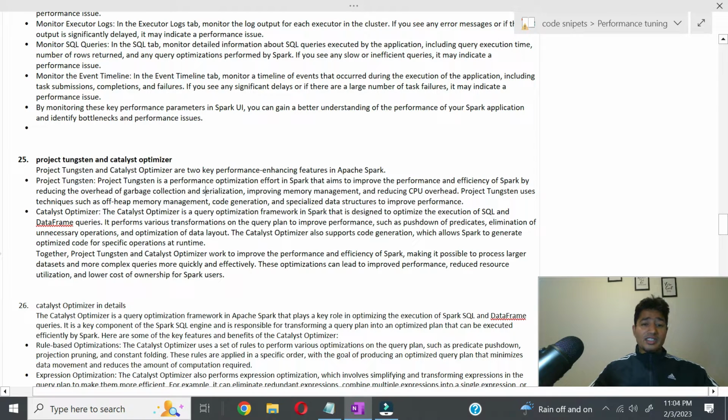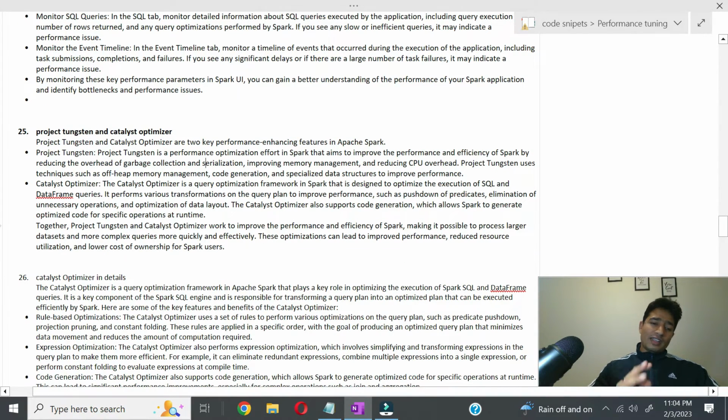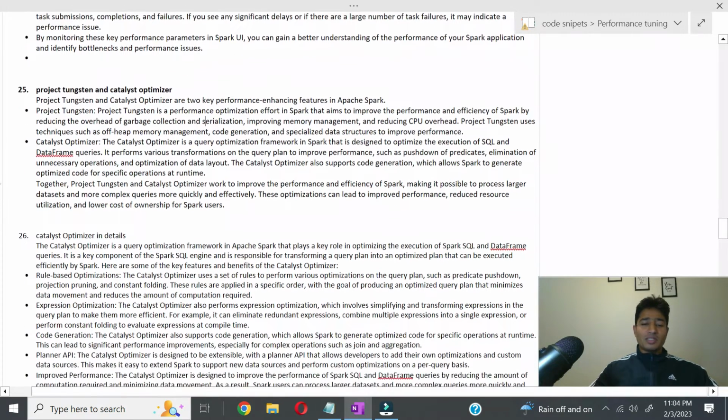Catalyst Optimizer is a query optimization framework designed to optimize the execution of SQL and DataFrame queries. It performs various transformations on the query plan to improve performance, such as pushing down predicates, elimination of unnecessary results, and optimizing data layout. So when these two things work together, they will improve the performance.